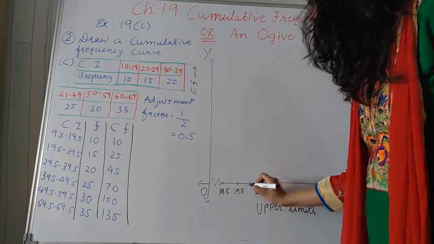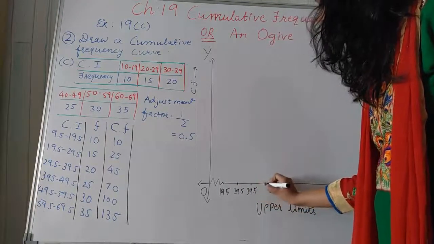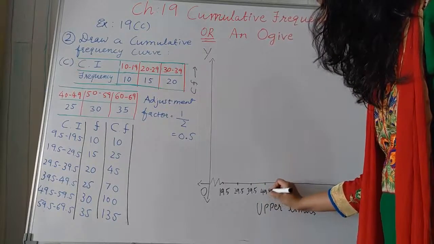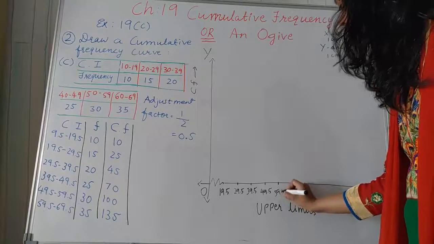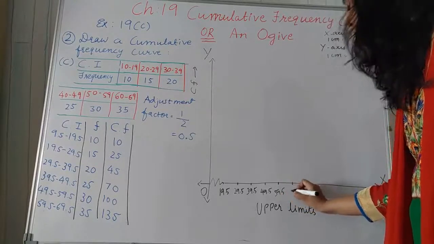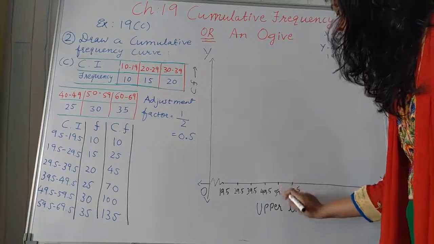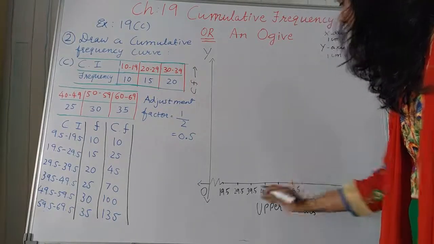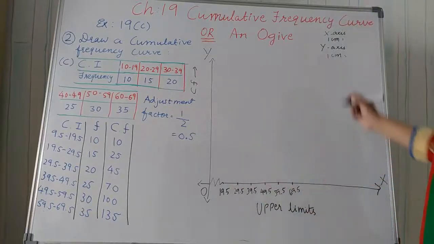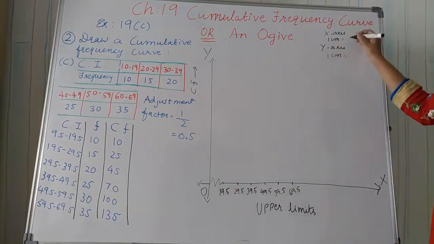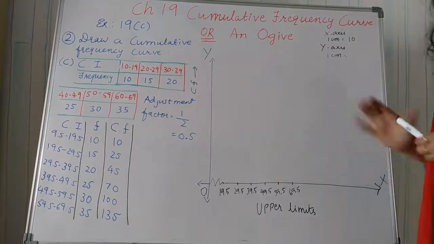All the upper limits I will write here: 39.5, next is 49.5, next is 59.5, and 69.5 is the last upper limit you are given. So here you can see the gaps between them are of 10 centimeters. It means I can write 1 centimeter is 10 on the x-axis, the scale we have taken.